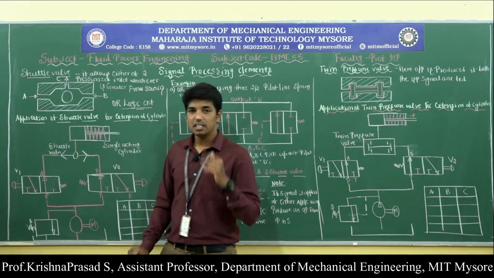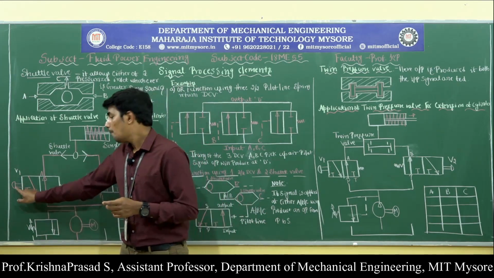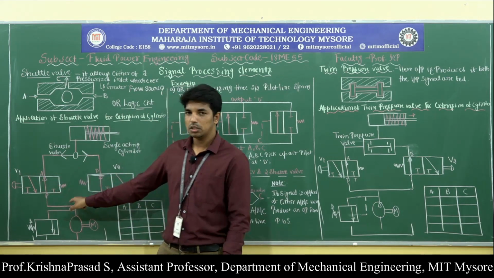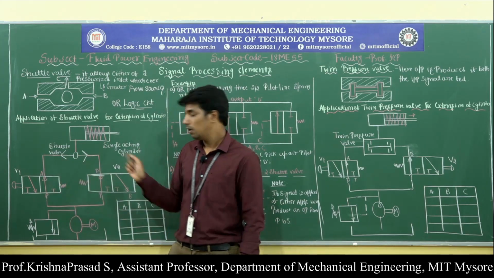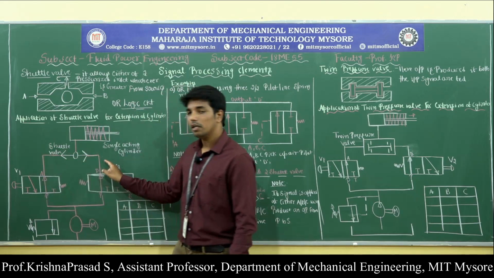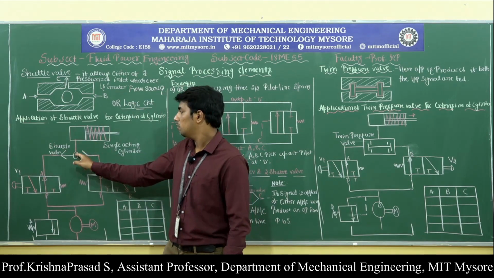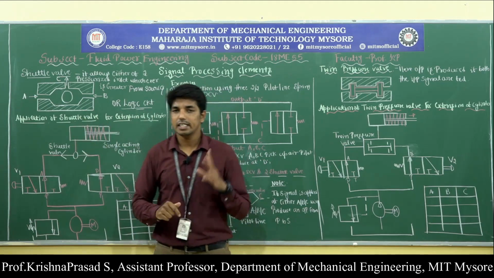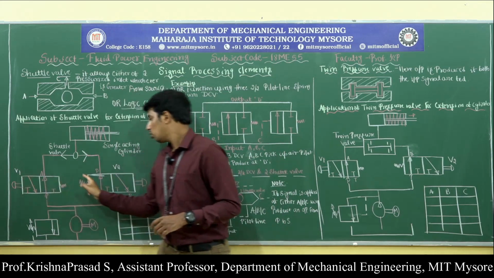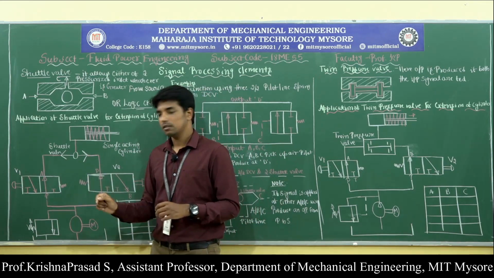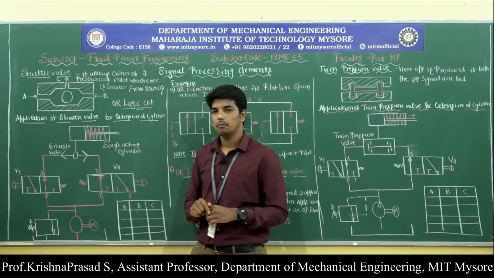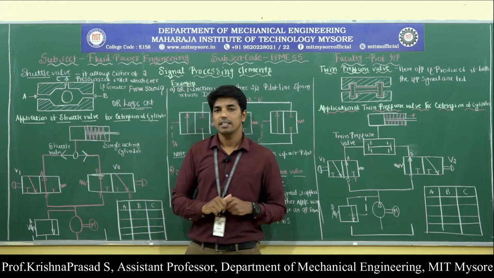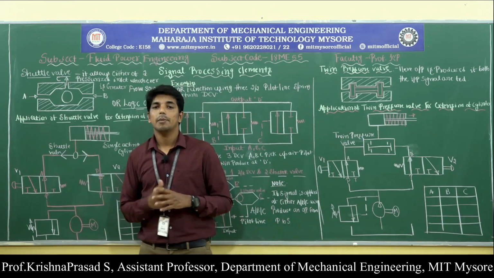It consists of two push button operated, spring return, normally closed direction control valves, and these two are connected to the shuttle valve, and the shuttle valve is connected to the single acting cylinder. Why is it called normally closed?